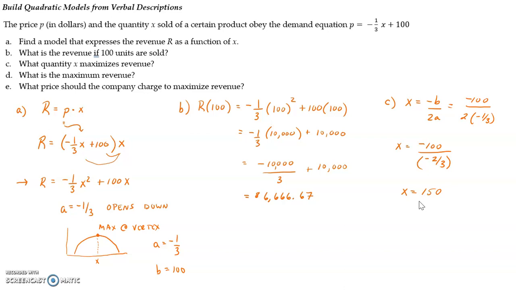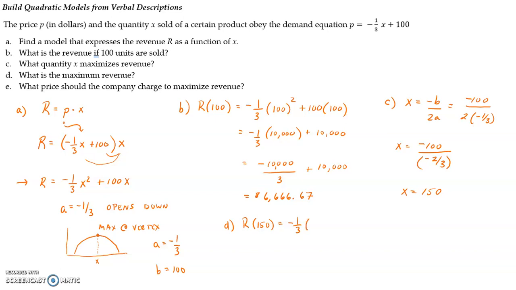Let's calculate part D. We want to know the maximum revenue. So we're going to come back to our revenue function, and we're going to plug in that x value that we just found. So let's calculate R of 150. So we've got a negative 1/3.